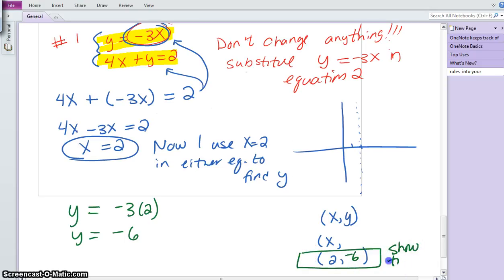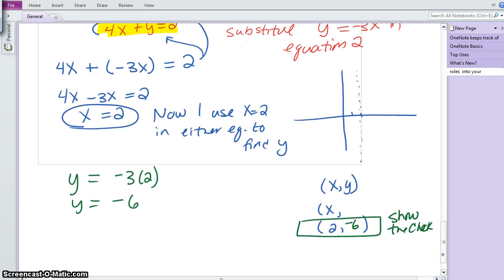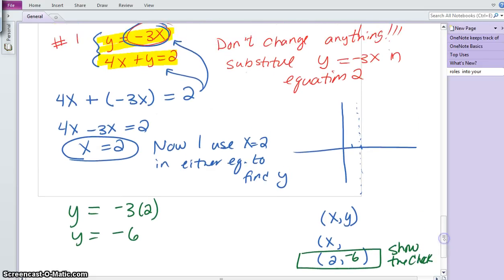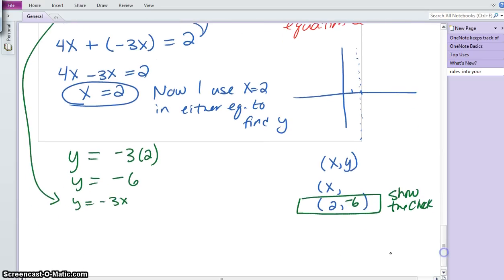So just like the last time, I'm asking you to show the check. Use the solution in both original equations. So, to use it in equation number 1, where y was equal to negative 3x, we take our y and substitute for y.